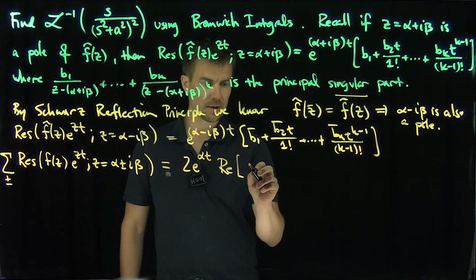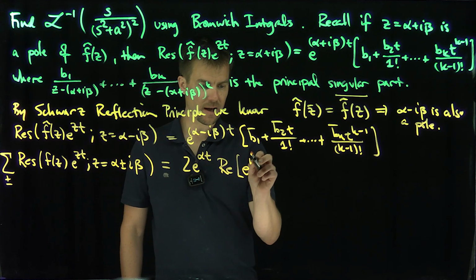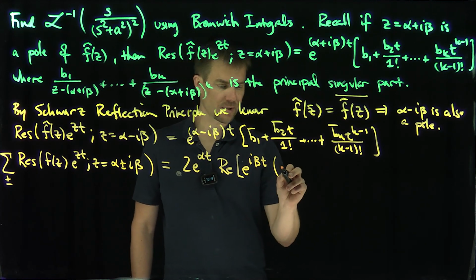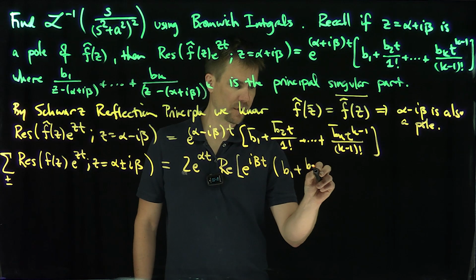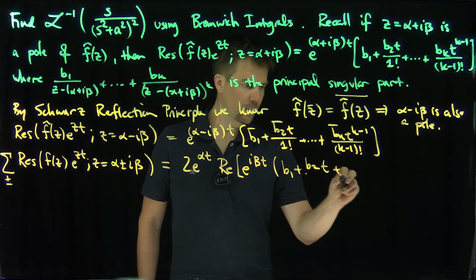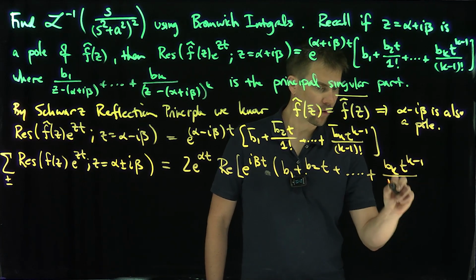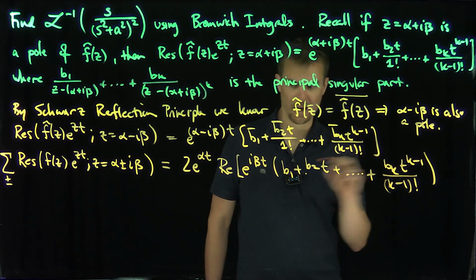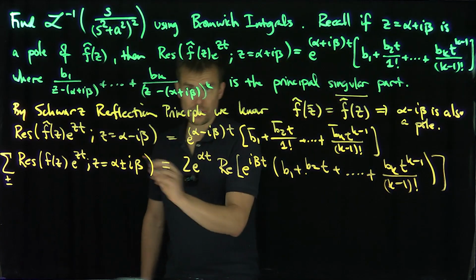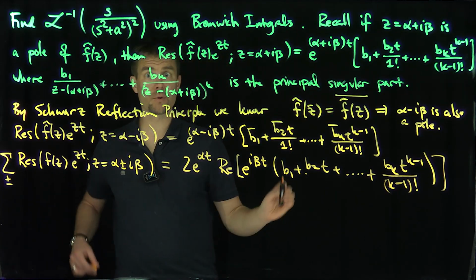So the real part of e to the i beta t times the expression b1 plus b2 t plus, and so on, plus bk t to the k minus 1 over (k minus 1) factorial. Beautiful. This formula is extremely useful because it gives me a quick way to compute residues very fast.